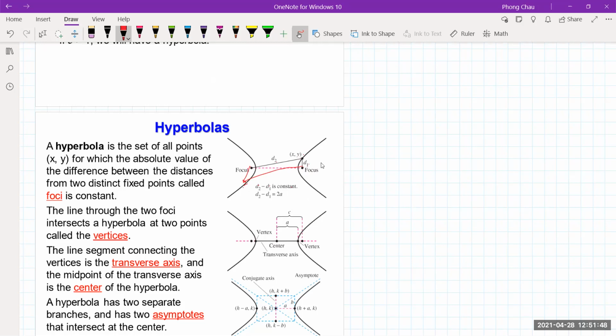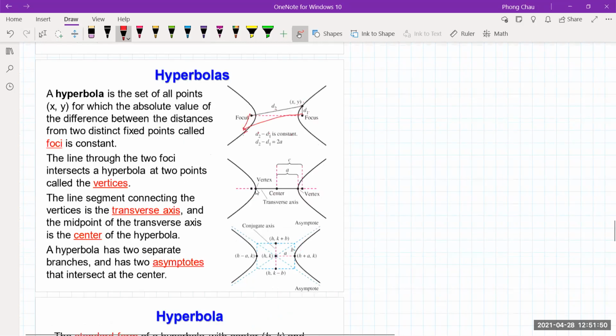Now the line through the two foci, like before, intersects the graph at these two points. These two are still called vertices. Now the line segment connecting the two vertices, we connect these two, is called the transverse axis.